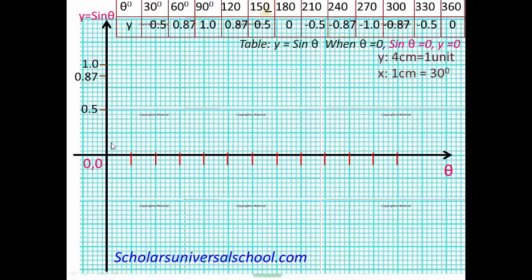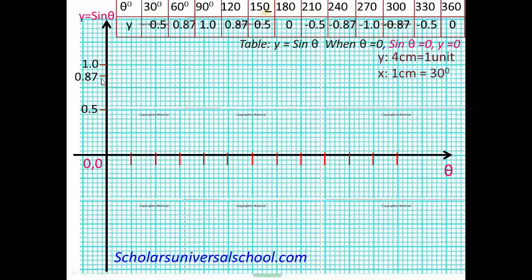So all of them, you have 20 small boxes. Now, 2 small boxes will represent 0.1. So this is 0.1, 0.2, 0.3, 0.4, 0.5, 0.6, 0.7, 0.8.